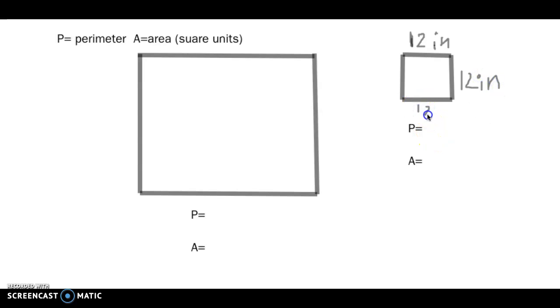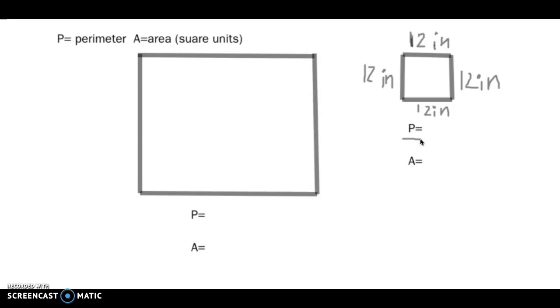I want you to go ahead and figure out the perimeter. Once you have this labeled with your 12 inches, because in a square all sides are the exact same size, figure out what the perimeter is in inches. I know it would be 4 feet, but I want it in inches. So go ahead, put me on pause, answer the perimeter, and then unpause me.